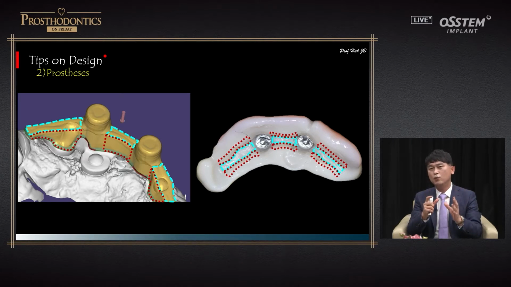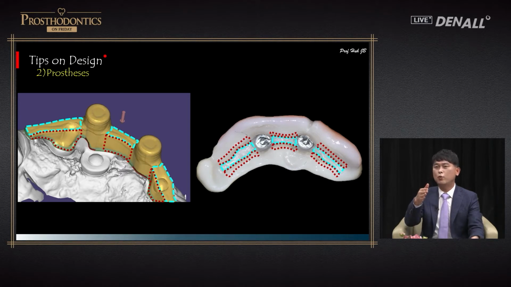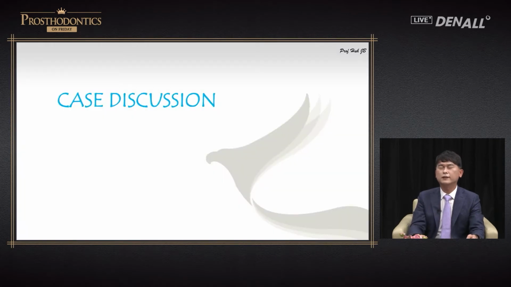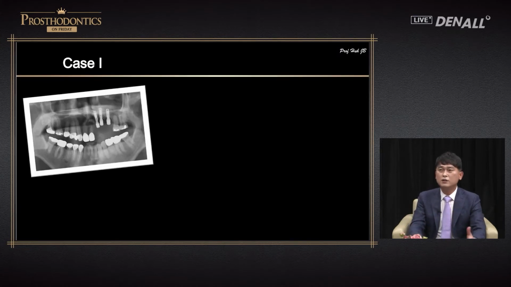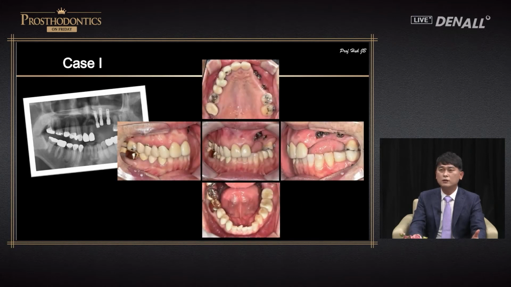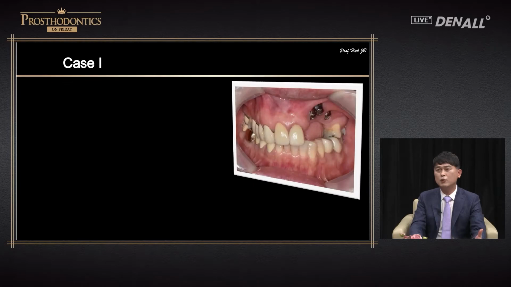And for efficiency of chewing, it is just like a fixed prosthesis, and you can provide the occlusal points like in a fixed prosthesis. It doesn't work in 100% of the cases, so let me show you a case where it can work. This is the first patient I showed you during the consultation.